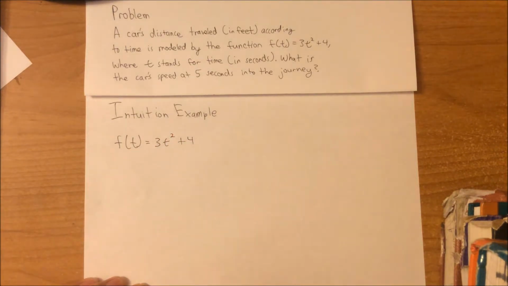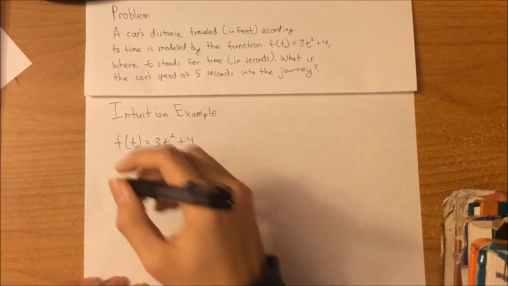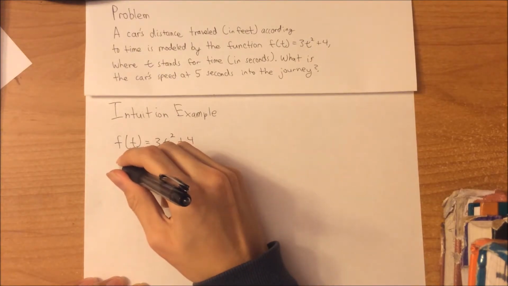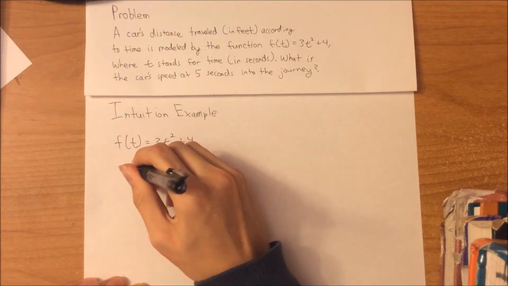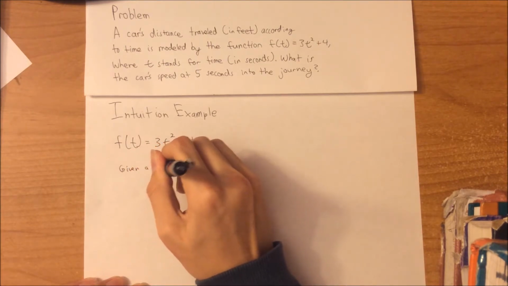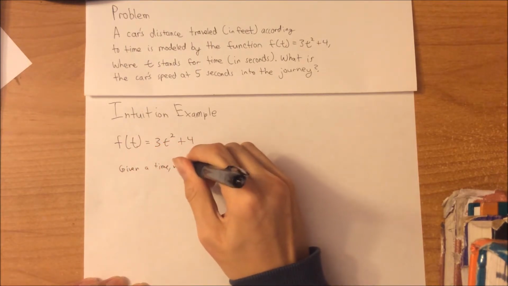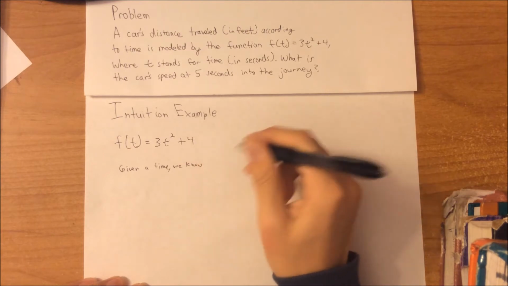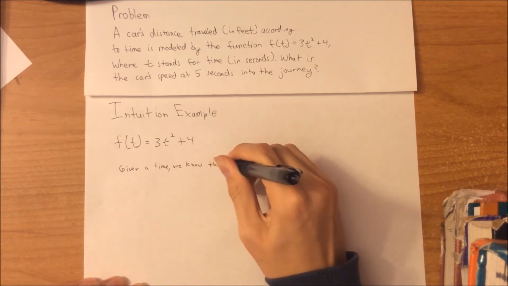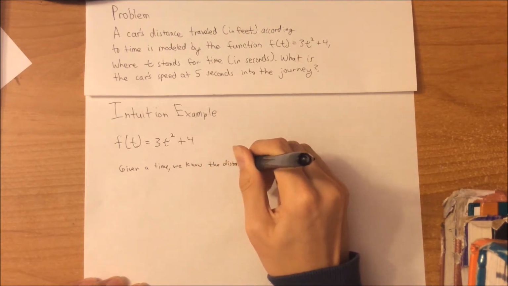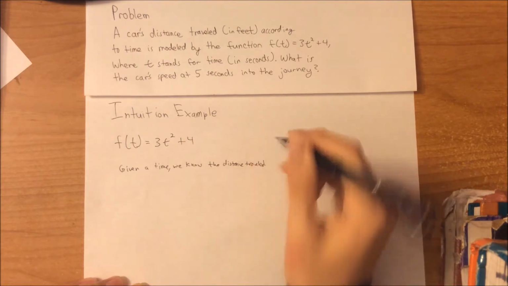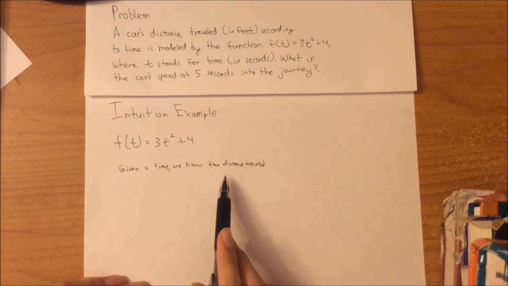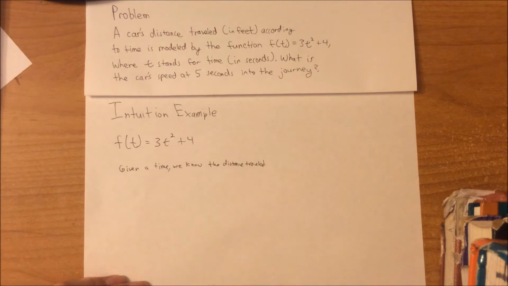And I'm going to write in English what this function tells us. This function pretty much means that given a time, we know the distance traveled at that time. So given the time, we know the distance traveled. That's what this function tells us.